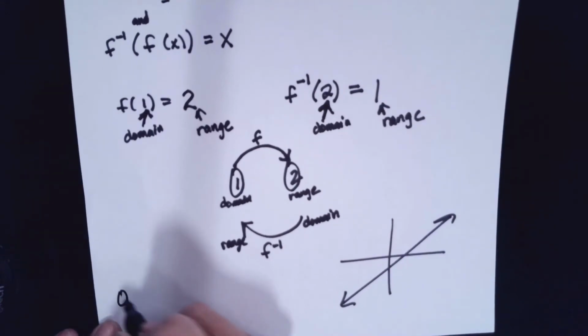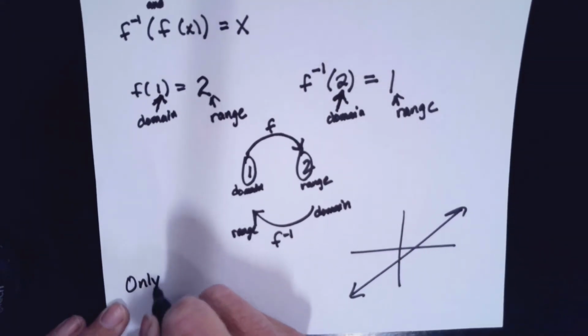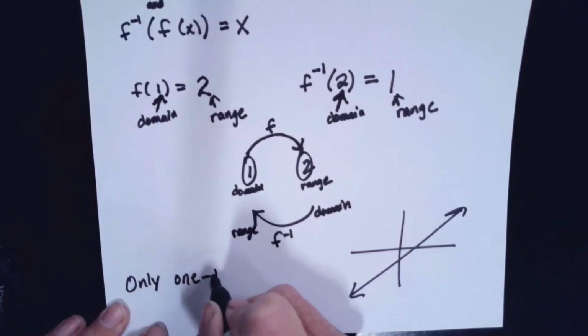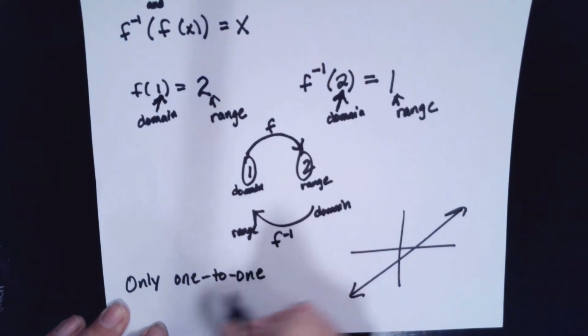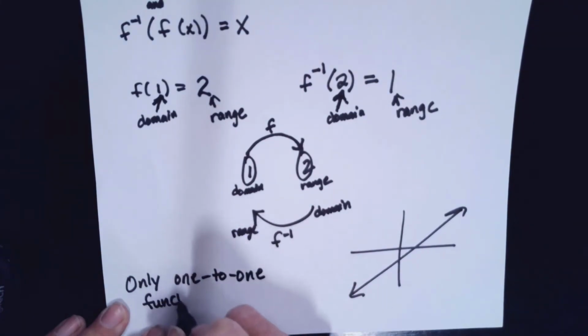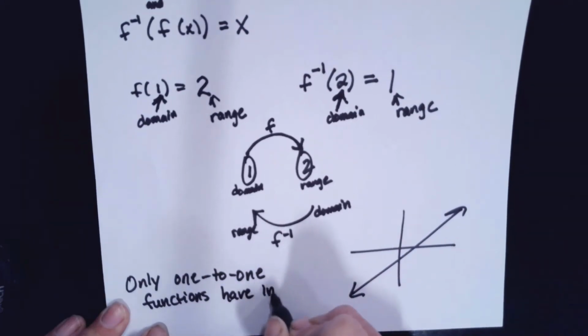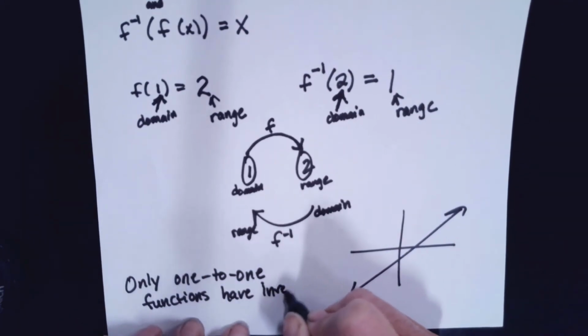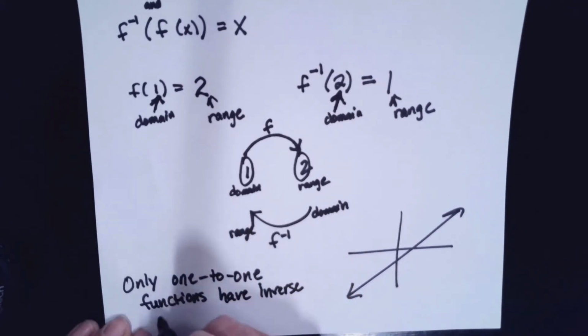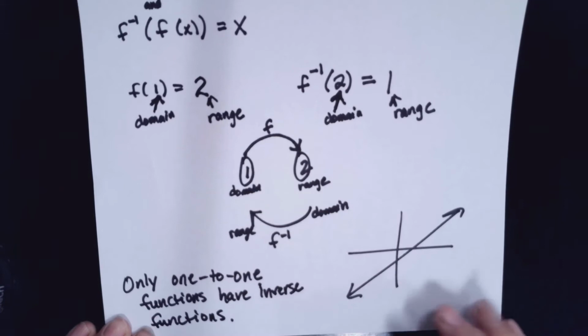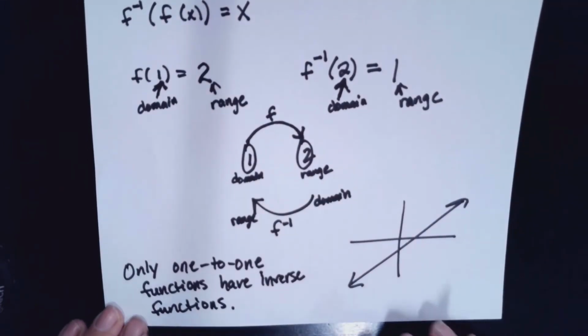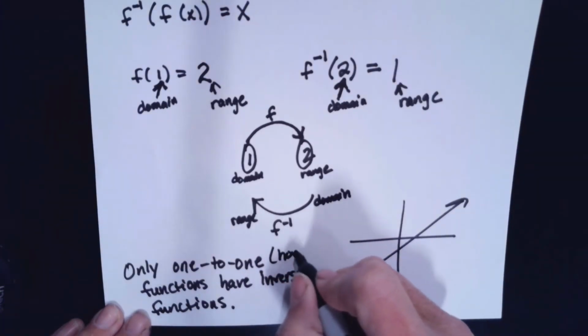But very important here that only one-to-one functions have inverse functions. Very important. Only one-to-one functions have inverse functions. And to see if it's a one-to-one function, you do your horizontal line test.